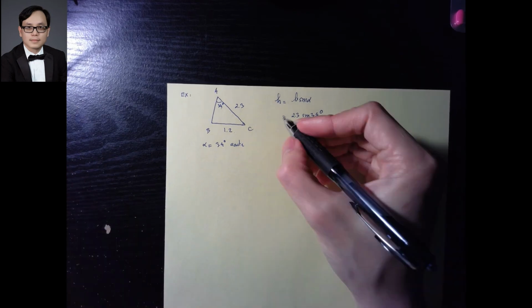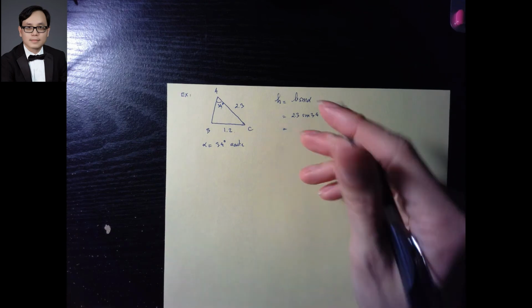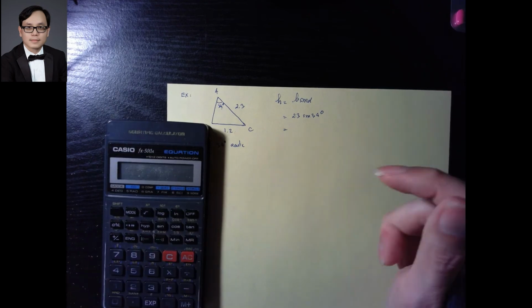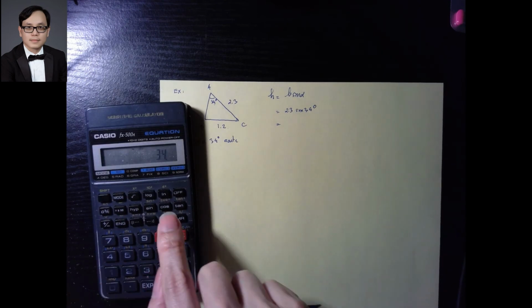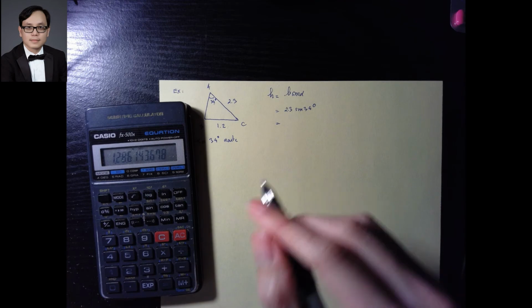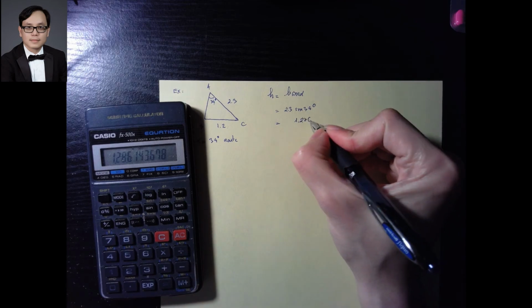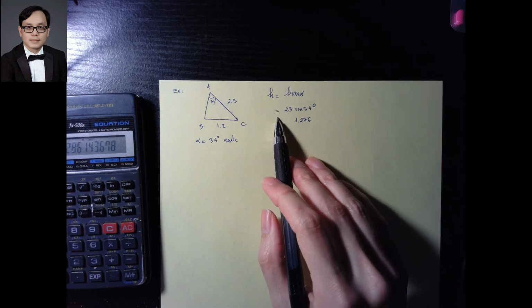Then you will have 2.3 times sine 34, which gives you 1.286.